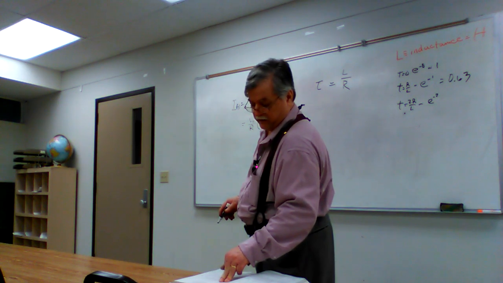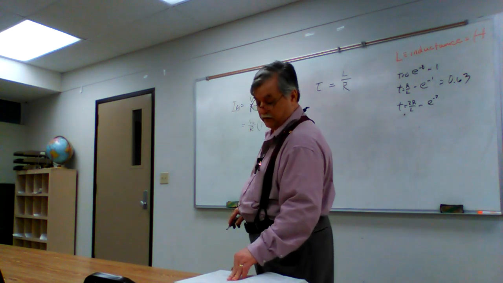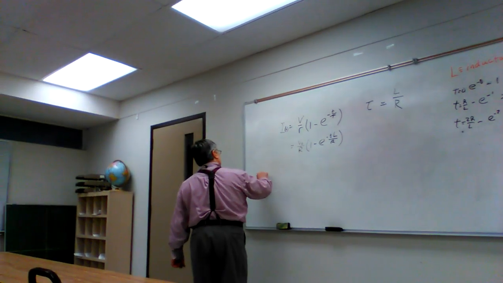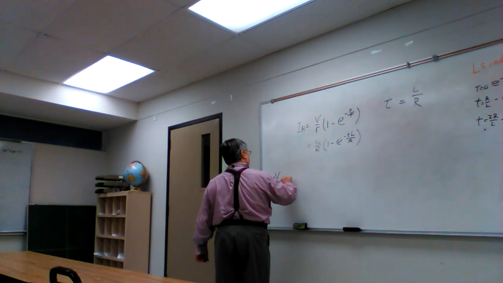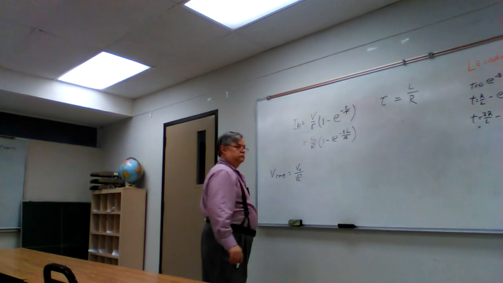Yeah, no, they're also going to point out that V is now you have to talk about VRMS. Everybody remember VRMS? VRMS is V naught over the square root of 2.